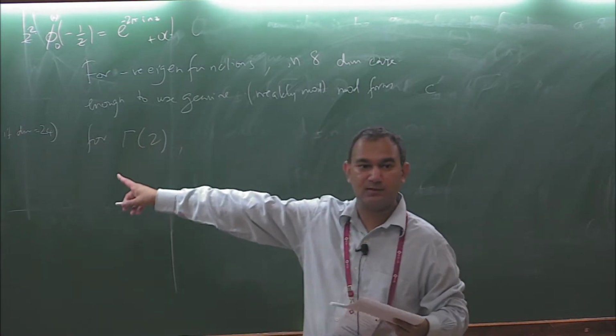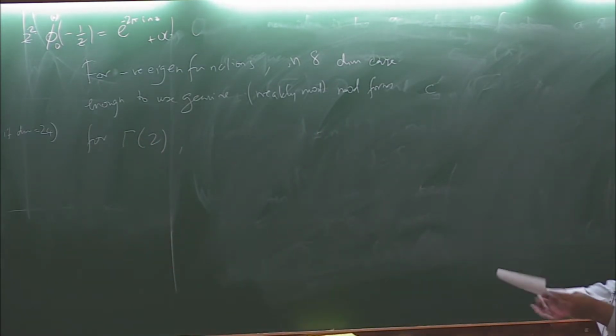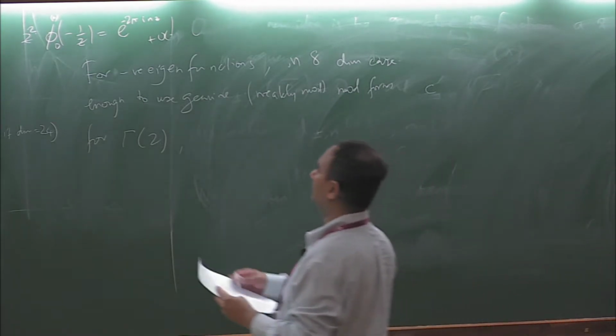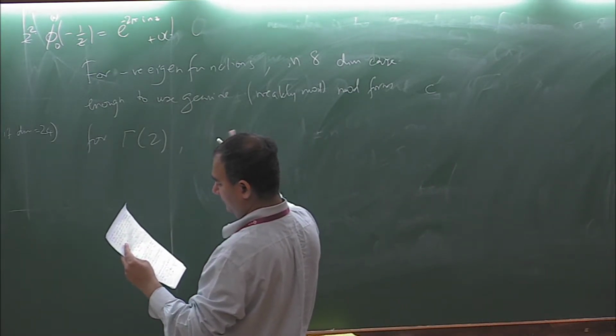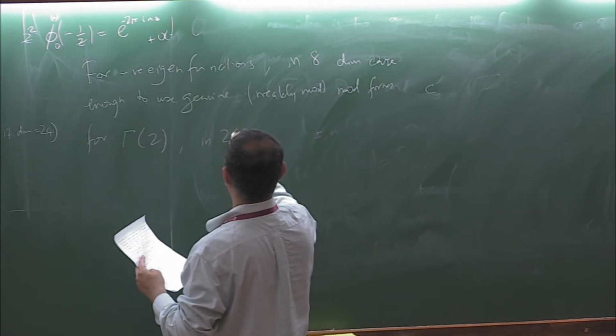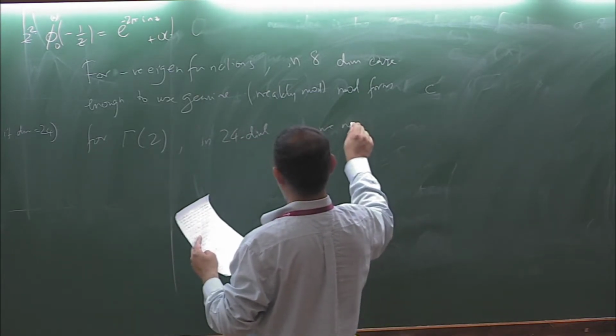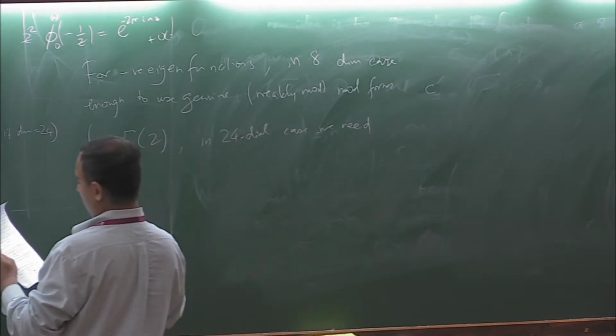Again, you're going to have denominators delta to the n when you look at c n minus or d n minus, and there's one twist in the 24-dimensional case. We need one extra.